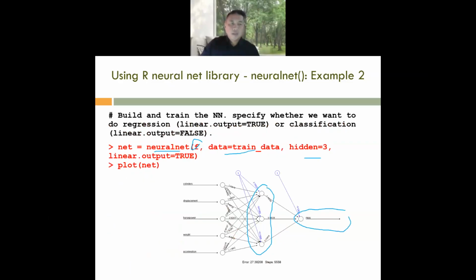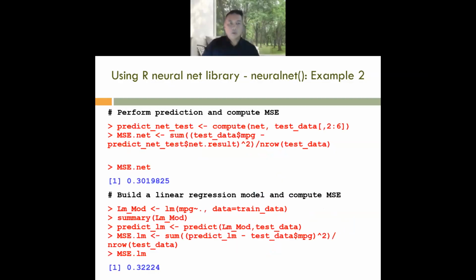Once you train them, the model that we have is net here. So we will use the model net to do the prediction. We will use this command compute, and this is the model that we have. This is the test data that we have, and the result will be stored here. Okay. So what we want to do is measure the differences between the actual miles per gallon and the predicted value.